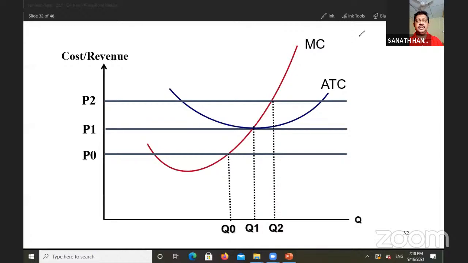Profit maximizing output level is Q2 at P2.